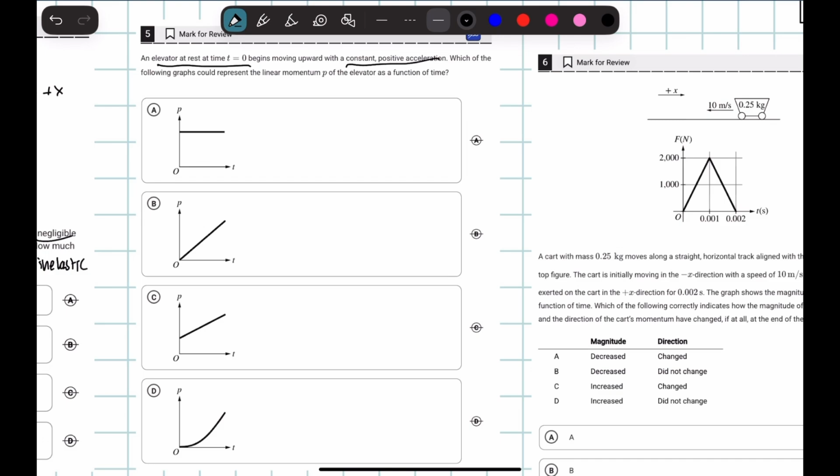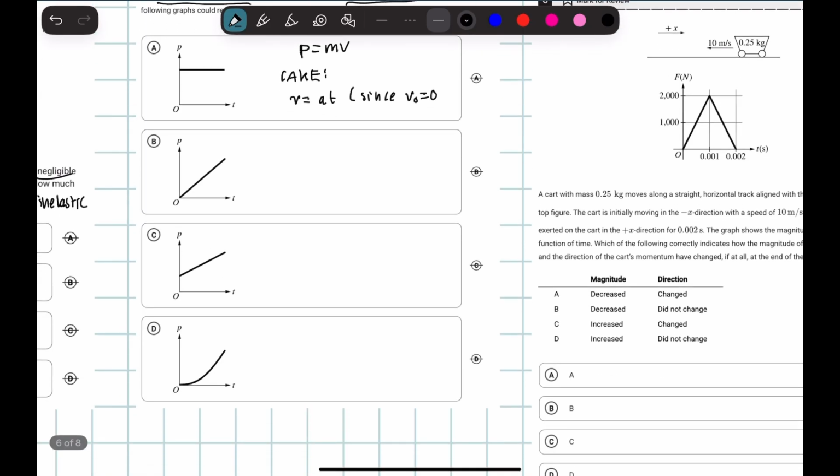So we know that the definition of momentum is p is equal to mv, right? And from the kinematic equations, velocity is equal to at, since v initial is equal to 0. And we can substitute that in: p is equal to m times a times t.